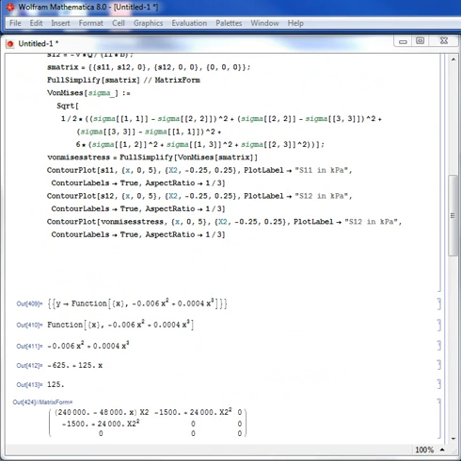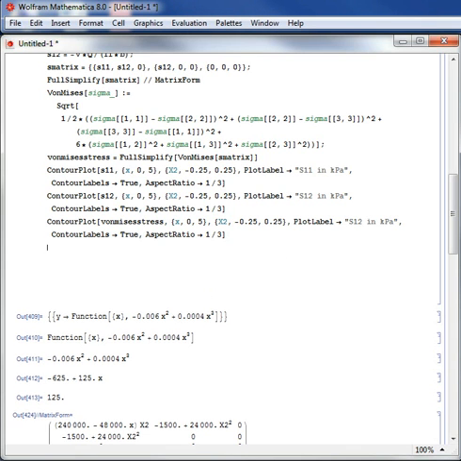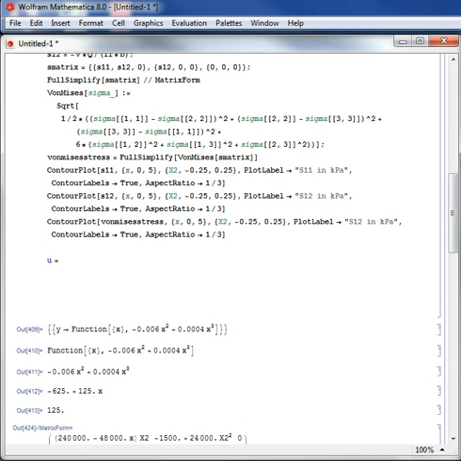We also would like to plot the displacement of the beam. The displacement of the beam is given by a vector u. I'm going to utilize a vector, because I'm drawing a two-dimensional vector plot.